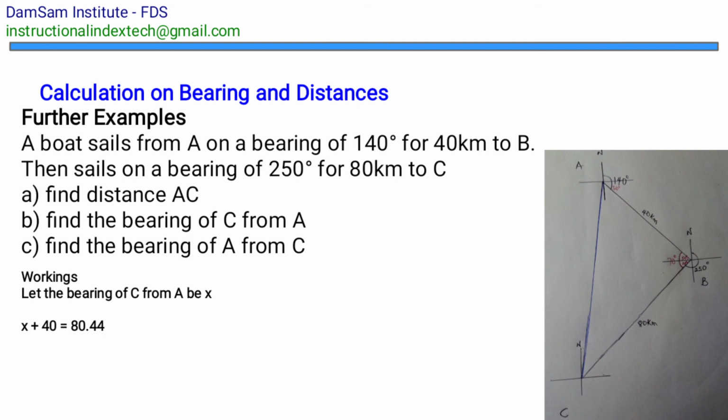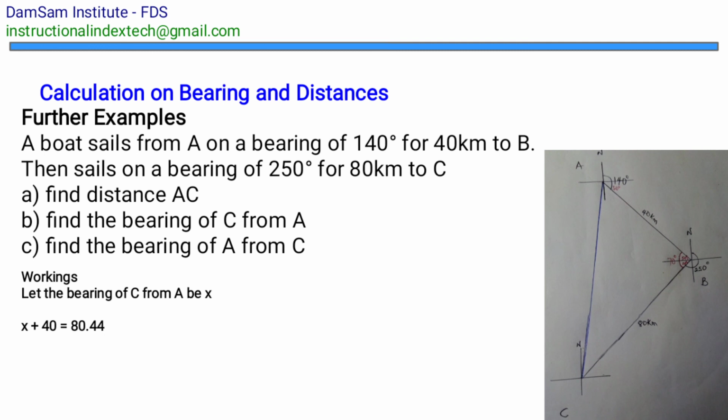We want to find that little portion of angle from C, the angle that we draw from the north of C clockwise to touch that blue line. That is the angle we are finding, and it corresponds to x.